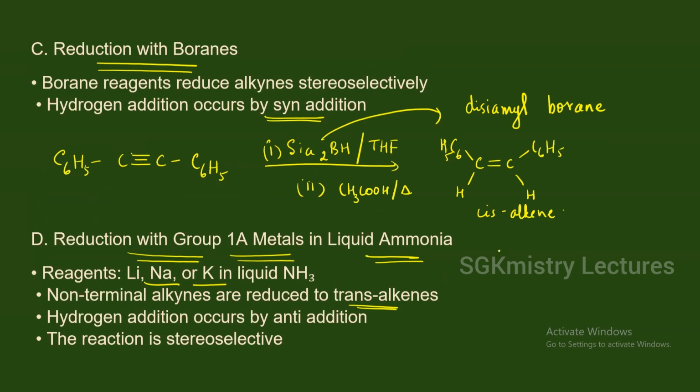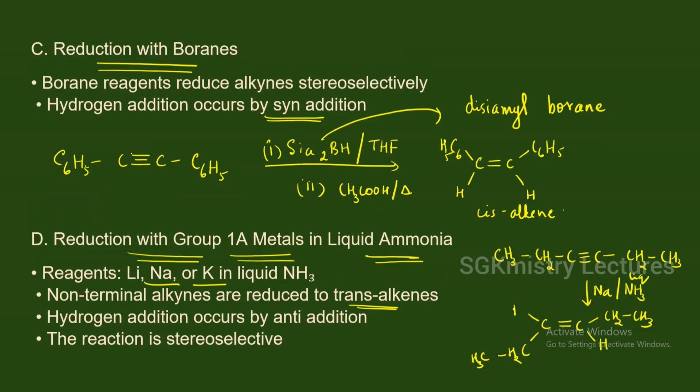We have CH3CH2, C triple bond C, CH2CH3 in the presence of sodium and liquid ammonia. Here you are going to get the trans alkene. So if I write CH2CH3 here, there will be CH2CH3, H and H, and you get the trans alkene as the product.